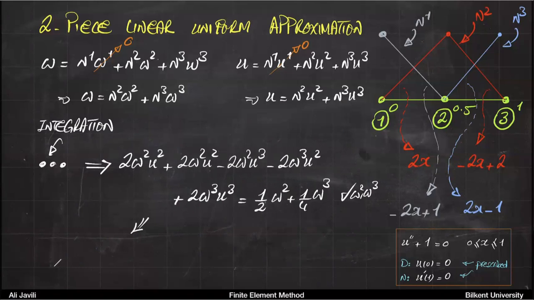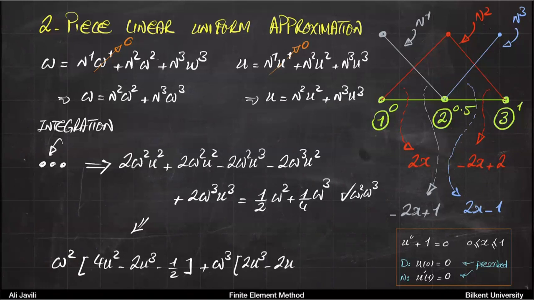You can say it's all w2 times 4u2 minus 2u3 minus 1/2, plus w3 times 2u3 minus 2u2 minus 1/4, and that would be equal to 0. And then again, this holds for every w2 and w3.